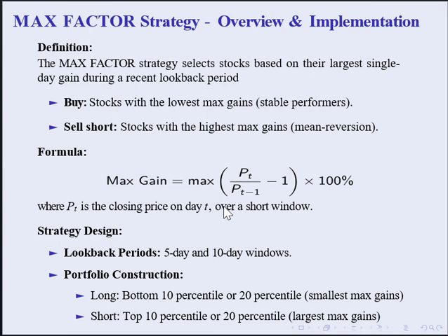In max factor strategy, we assume that in the past 5 day or 10-day look back period, those stocks which are giving the highest single day return are more volatile. So we buy the less volatile stocks and sell the volatile stocks. For portfolio construction, we use top and bottom 10 percentile and 20 percentile stocks and use weekly and monthly rebalancing.